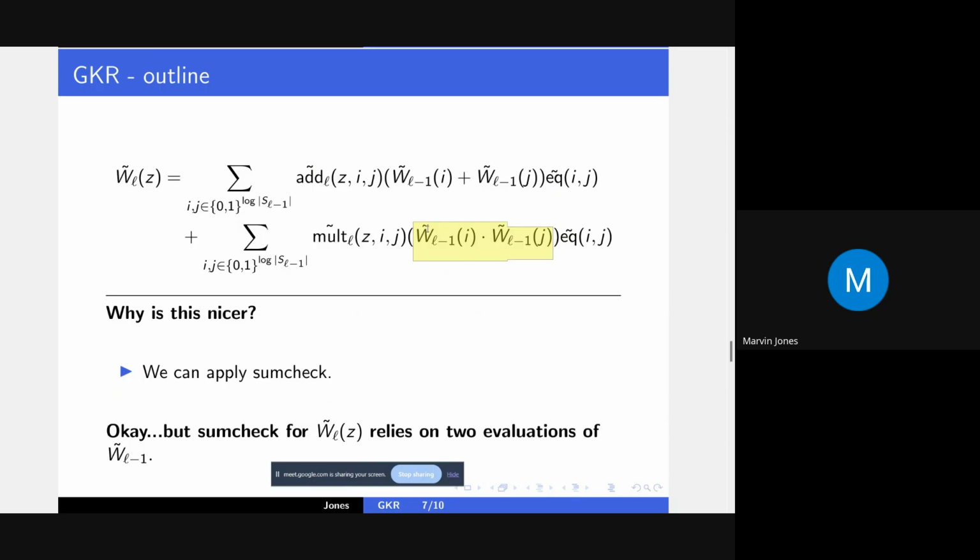Like W tilde L minus 1 I and W tilde L minus 1 J, those are evaluations of a similar polynomial that I'm applying the sumcheck protocol to begin with. I'm running into a brick wall because now I have to do two evaluations. Because if I knew what this was to begin with, I would be doing this the other way.